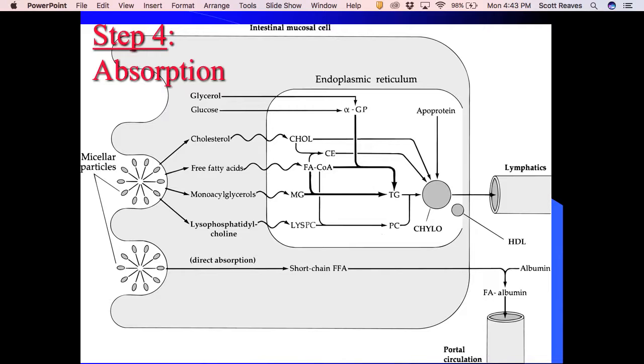I'll put this one up here, to form cholesterol ester. So here's cholesterol with a fatty acid attached. And then all of these can go into a chylomicron. That's basically all this chart is showing. Don't worry about this part. You can cross off glycerol and glucose.